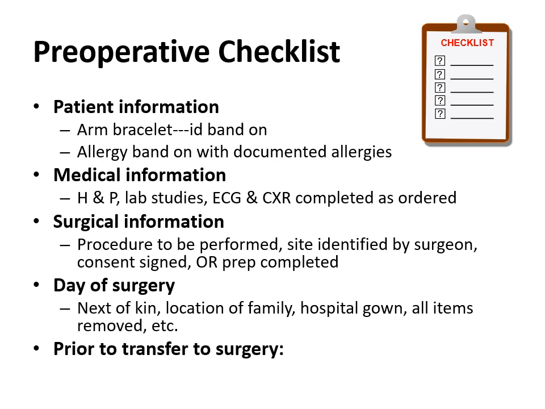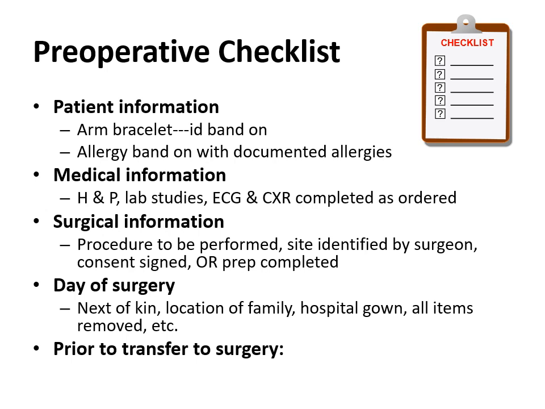We've reviewed those and discussed them as needed with the physician. Surgical information is all available. We know the procedure. We've identified the site with the surgeon, so they've looked at it, and they've marked it on the patient. The consent has been signed, both the surgical and the anesthesia.